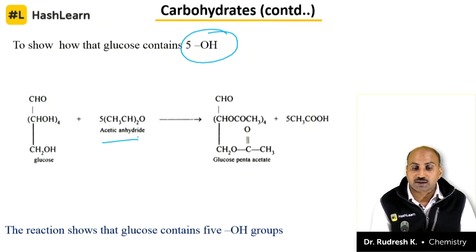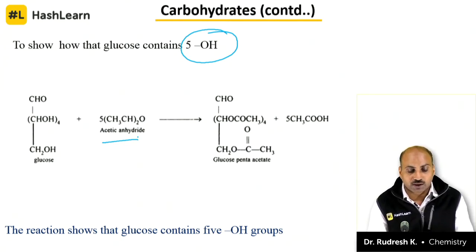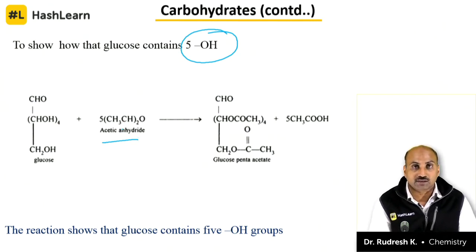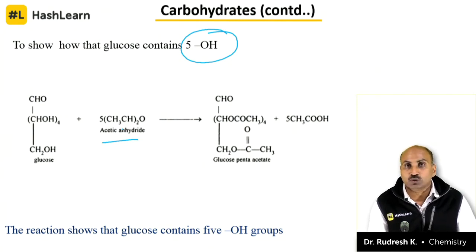I think all of you know that acetic anhydride is obtained basically when acetic acid is heated, it undergoes water molecule elimination and forms acetic anhydride. So when you treat with that acetic anhydride, because it is already deficient in water, it reacts with the hydroxyl group to form the pentaacetyl derivative of glucose.